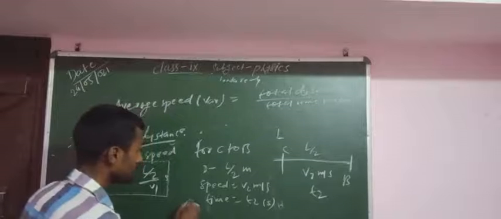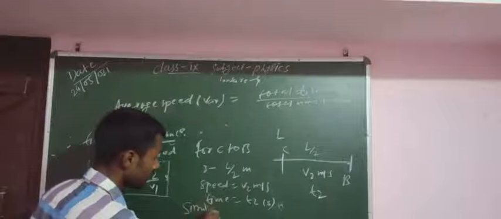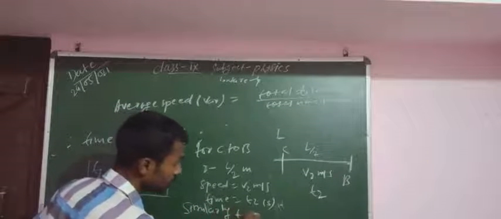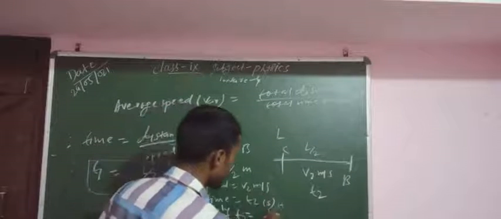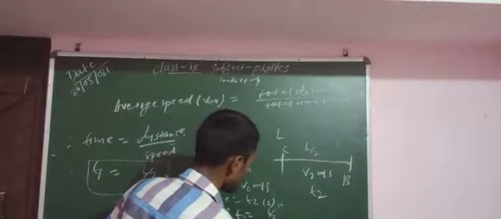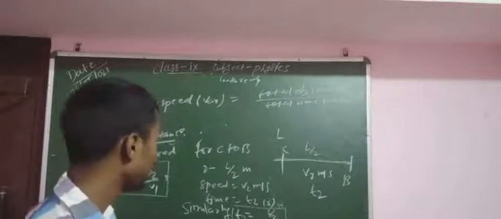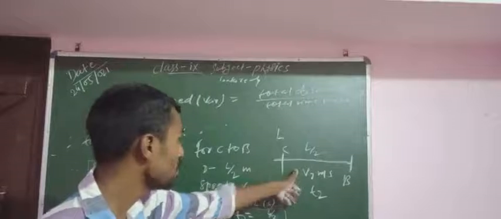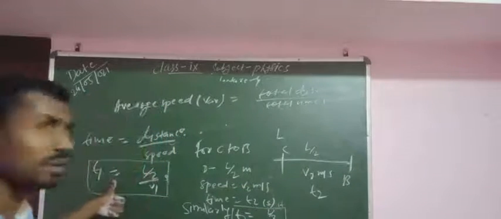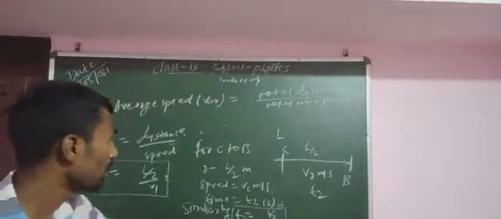Similarly, T2 will be equal to L by 2 by V2. First of all, we find out total time. What is the value of T2 and T1?